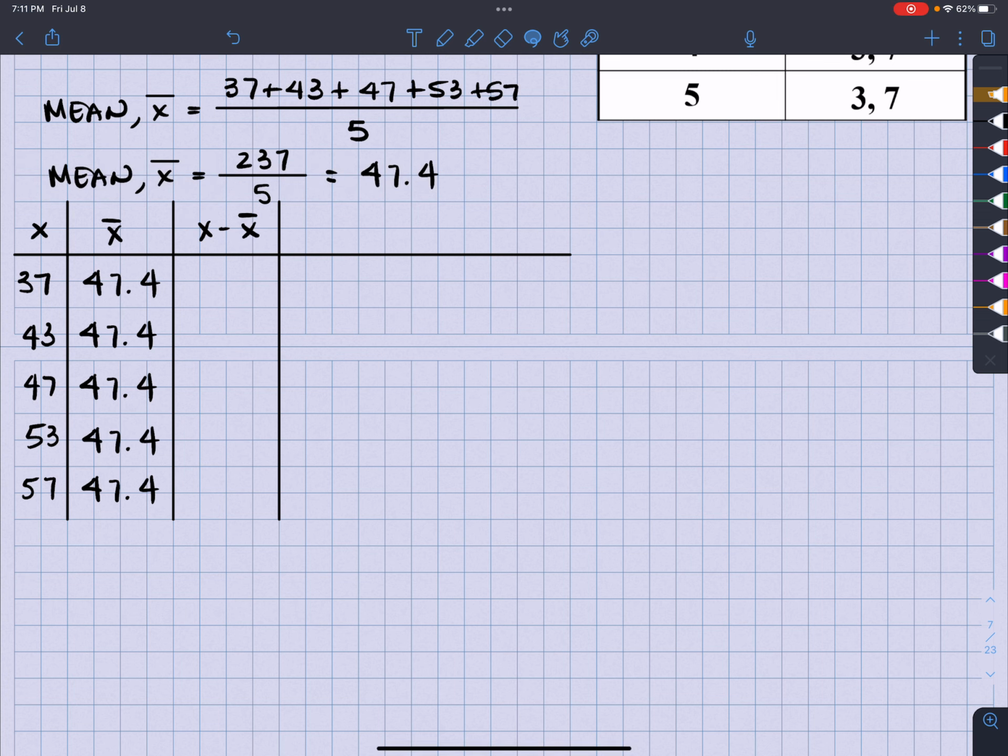Let's go ahead and subtract those. 37 minus 47.4, and I get negative 10.4. 43 minus 47.4, I get negative 4.4. 47 minus 47.4, I get negative 0.4. 53 minus 47.4, I get 5.6. And 57 minus 47.4, I get 9.6.